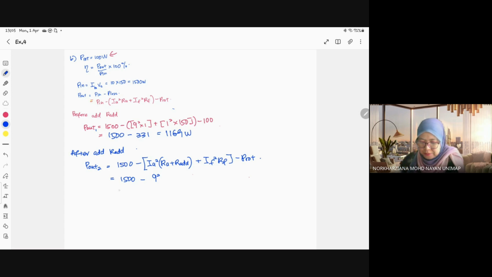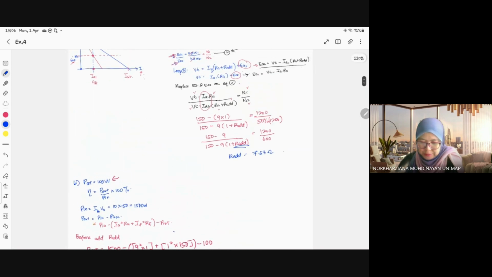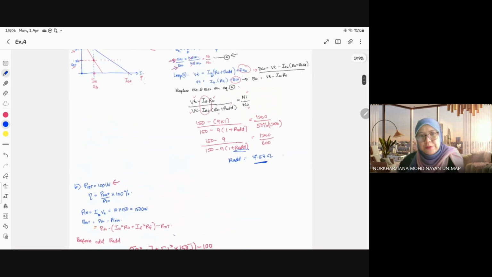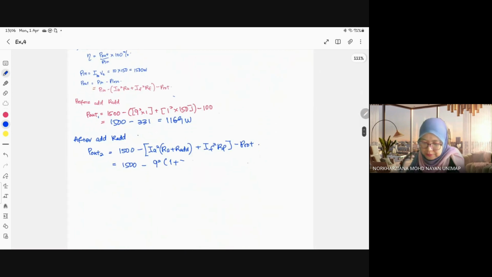Okay. So P out 2 is 9 square, RA tadi 1. RA tadi berapa? RA ni 7.83, plus RF, 1 square times RF 150, minus 100.